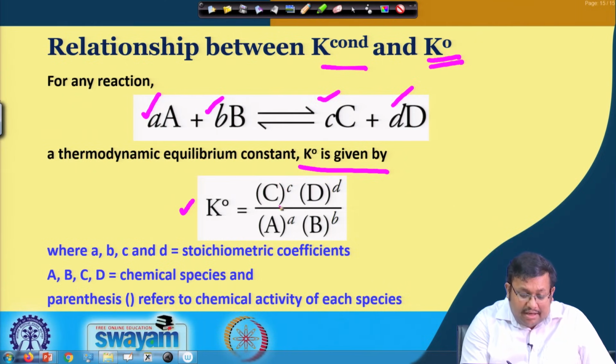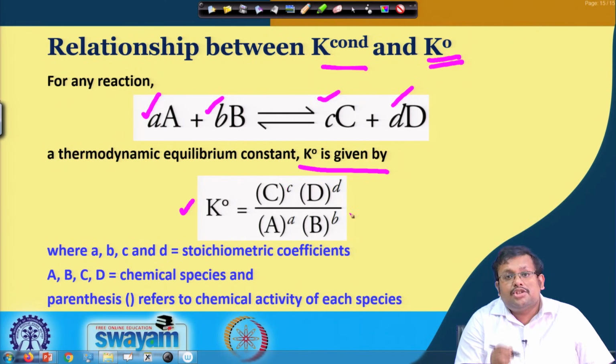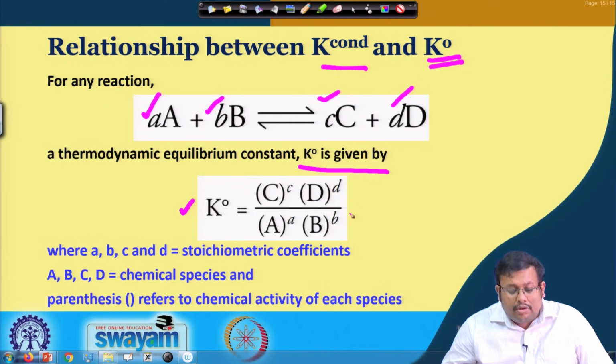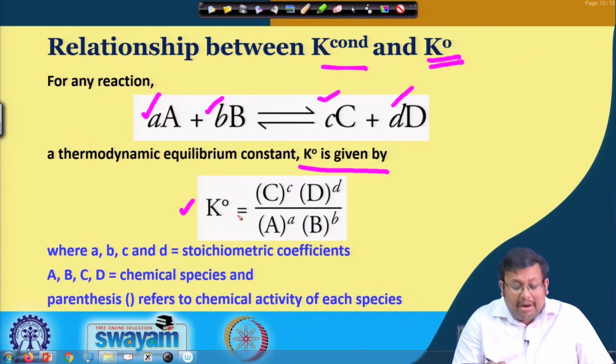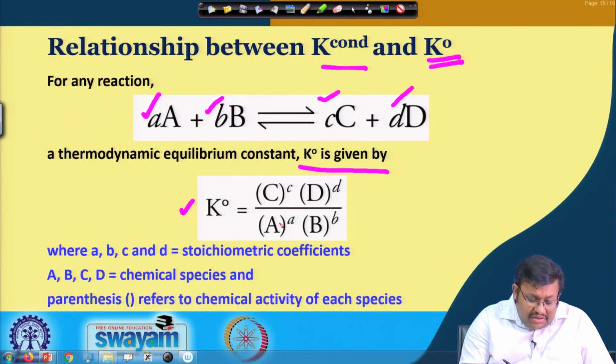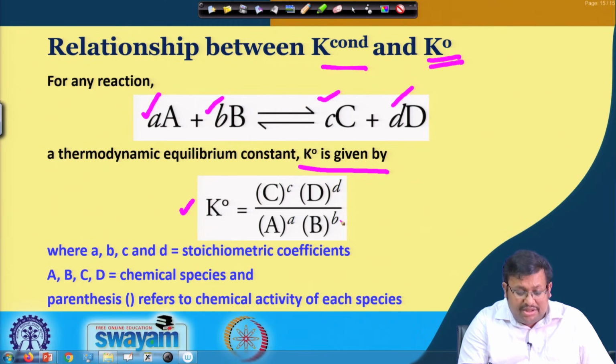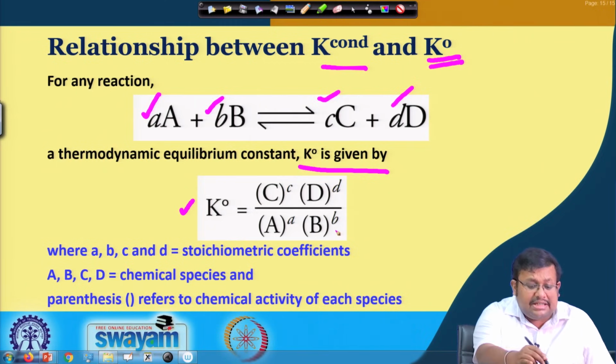So, it is the chemical activity of C to the power of its stoichiometric coefficient, times the chemical activity of D to the power of its stoichiometric coefficient, divided by the chemical activity of A and of B, each to the power of their corresponding stoichiometric coefficients. So, this is the relationship.